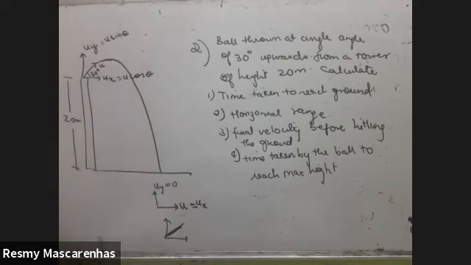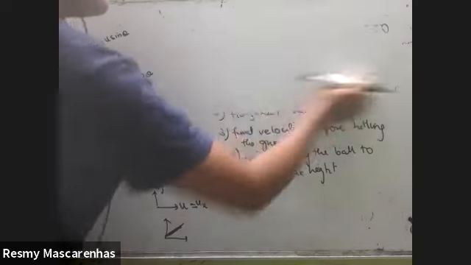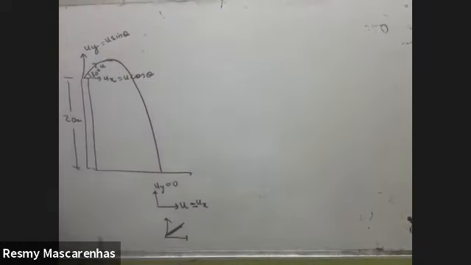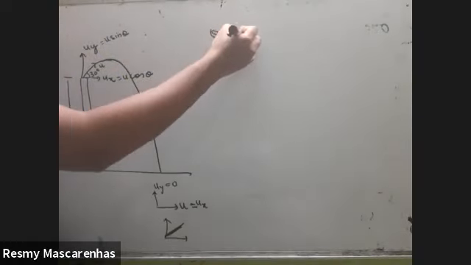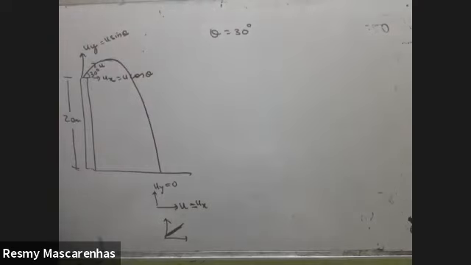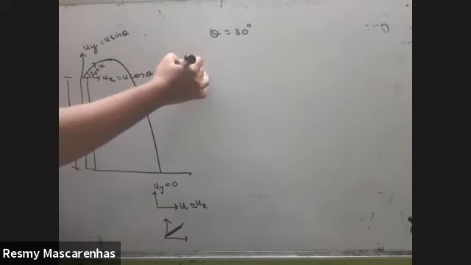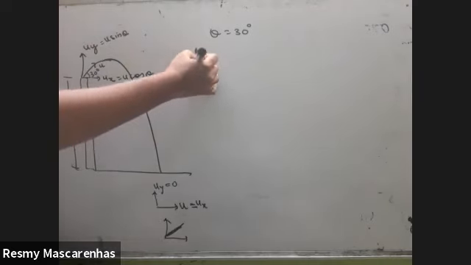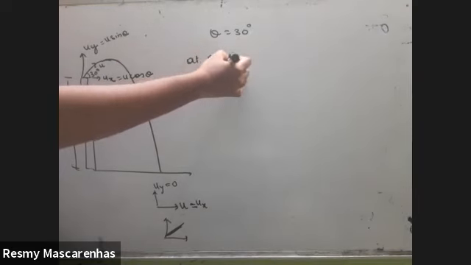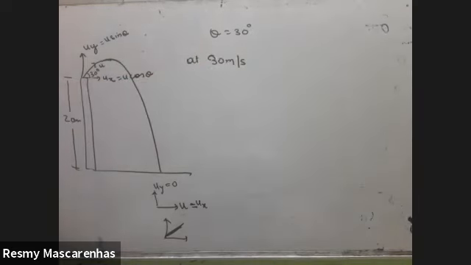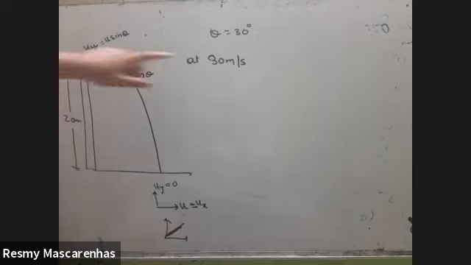So let us calculate the components. Theta is 30 degrees. At an initial velocity also you put on. In the question, just add: a ball is thrown at 30 meters per second.